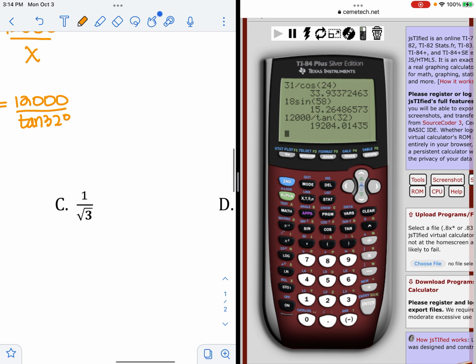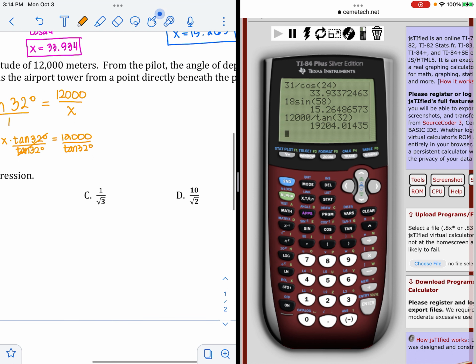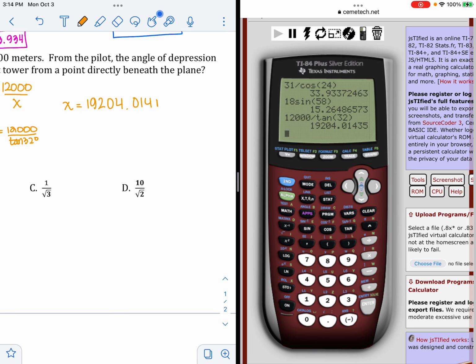Hit enter, and we have X equals 19,204.014. And then we need a unit on this. This is a distance, and it said our distance was in meters. So there is our answer.